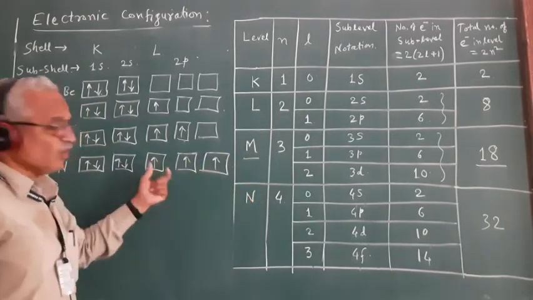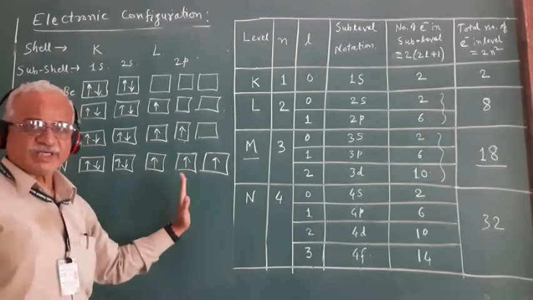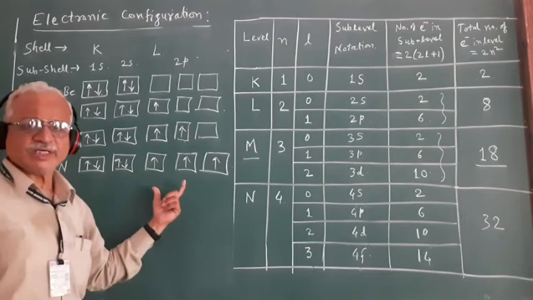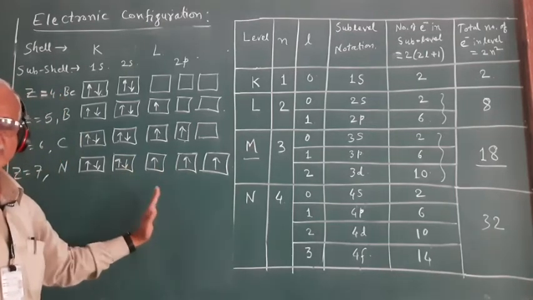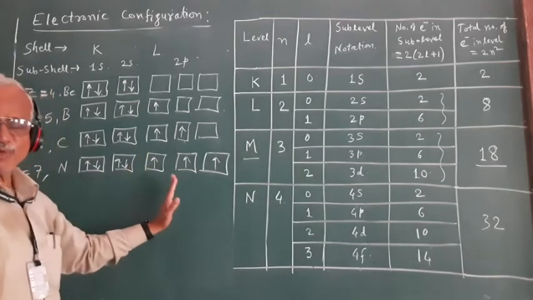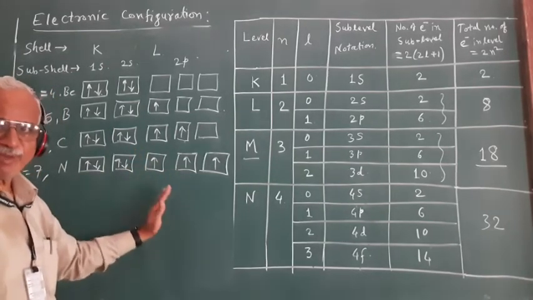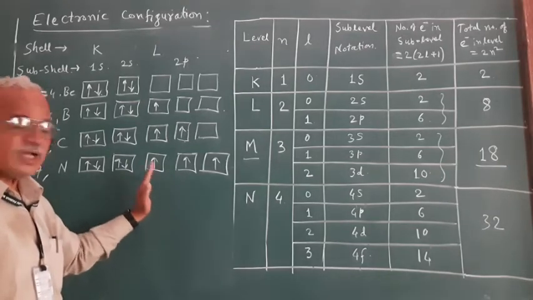These electrons will not be paired here. This is in accordance with Hund's law. So the maximum number of electrons will try to remain unpaired.